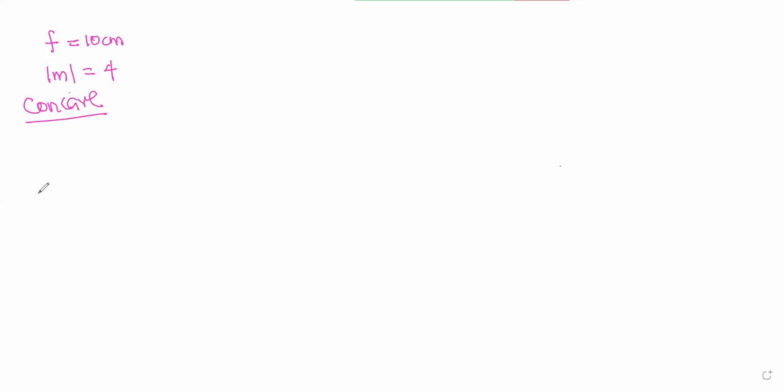What is the nature of the image formed here? Is the image real or virtual? Real. What is that statement in the question which indicates that the image is real?